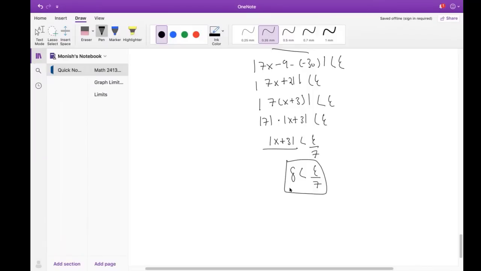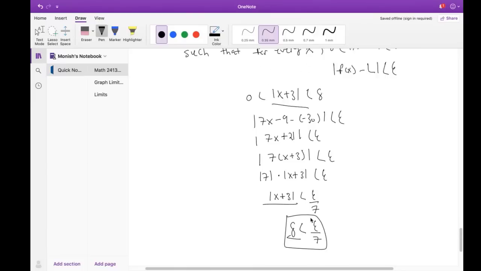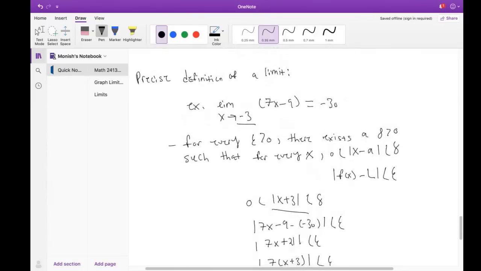And they could ask you as follow-ups, I think, they'll give you different values for epsilon, and then you just have to plug those values in, divide over 7 to get the corresponding delta value. So are there any questions on how to work with the precise definition of a limit?